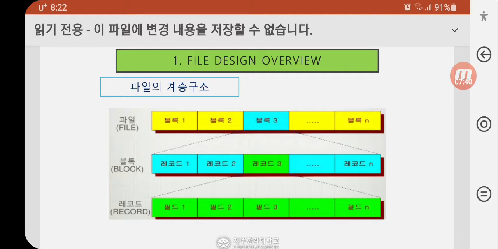Block 3 consists of record 1, record 2, record 3, and record N. And record 3 is composed of field 1, field 2, field 3, field N. The block is the minimum set of records processed by the program.